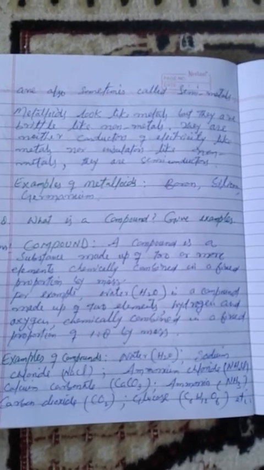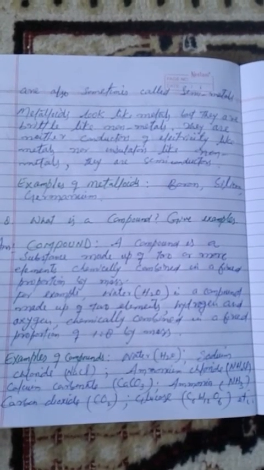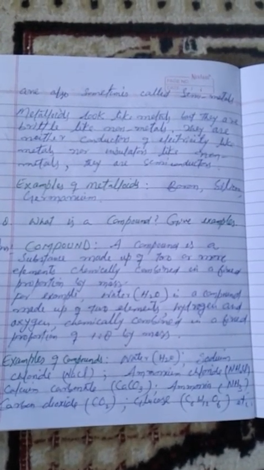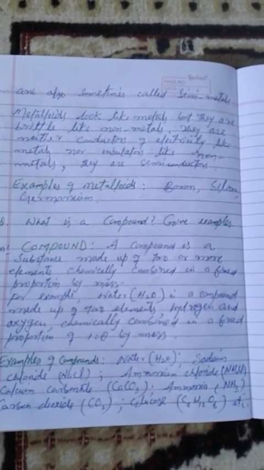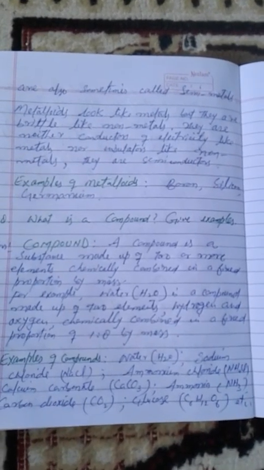Marble, that is calcium carbonate, it is made up of calcium, carbon and oxygen. Ammonia, it is made up of nitrogen and hydrogen. Carbon dioxide is made up of carbon and oxygen. So the compound is made up of two or more elements. They are chemically combined in a fixed proportion.